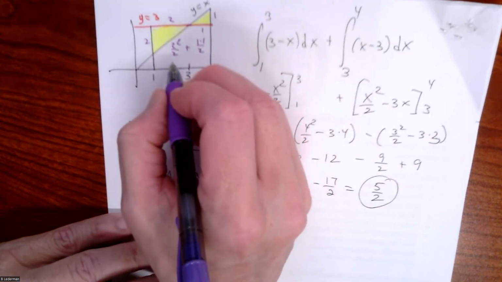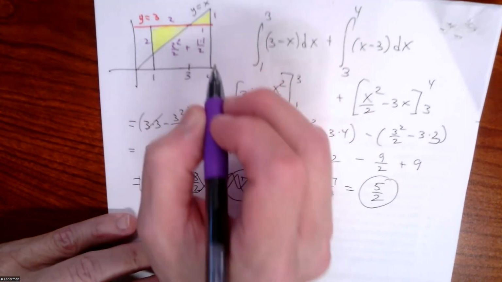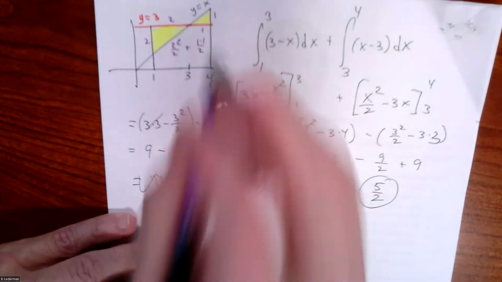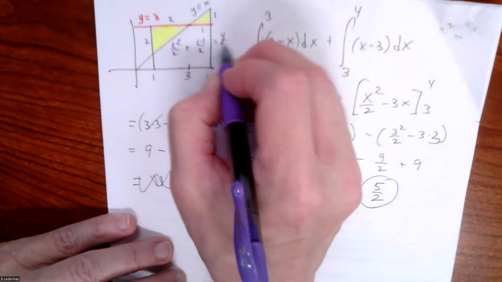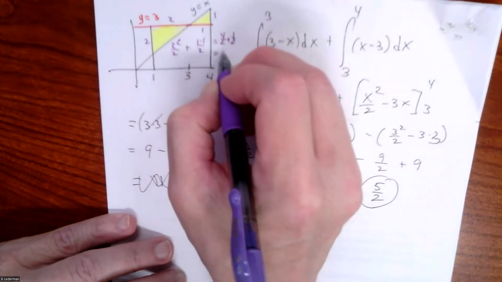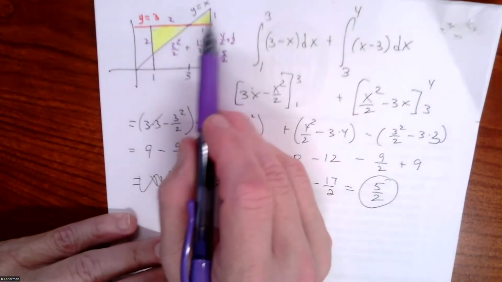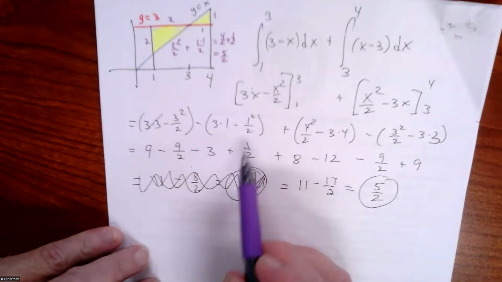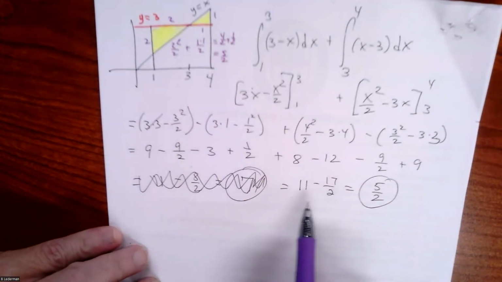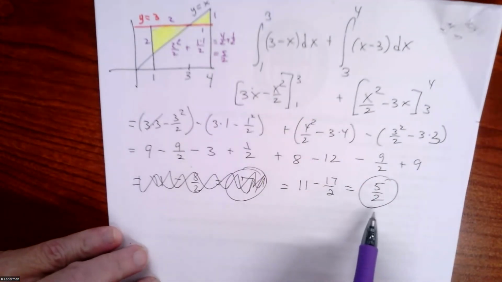That winds up being 4 halves plus 1/2. It's 5 halves. So from simple geometry, you could see that the area is 5 halves. From this complicated calculus, we got the same answer, 5 halves.